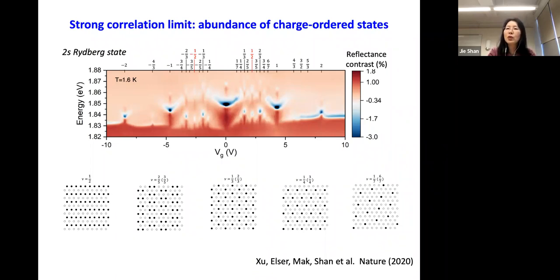It turns out those are charge order states. And we did Monte Carlo simulation, and those are the patterns that come out when we take into account not just the on-site Coulomb interaction, but also long-range Coulomb interaction.